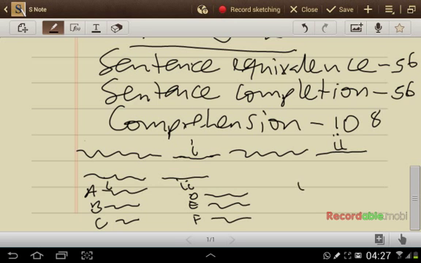Then you have group III with G, H, and I with some words that should fit here.